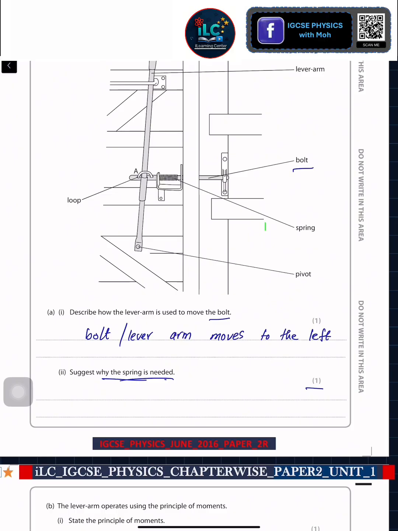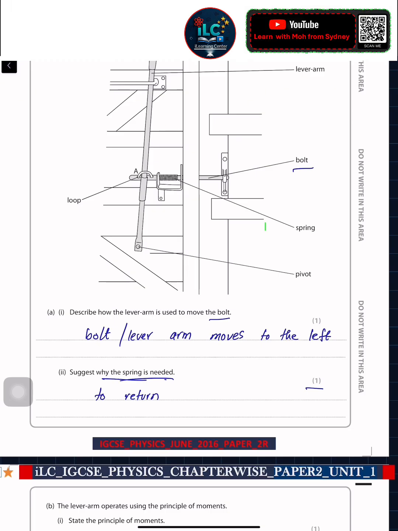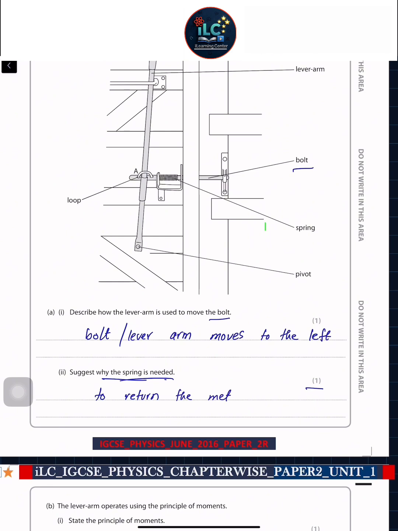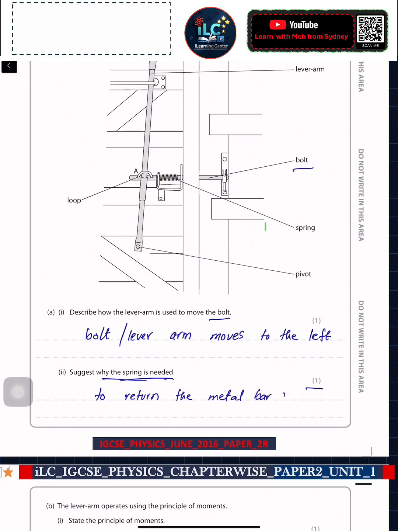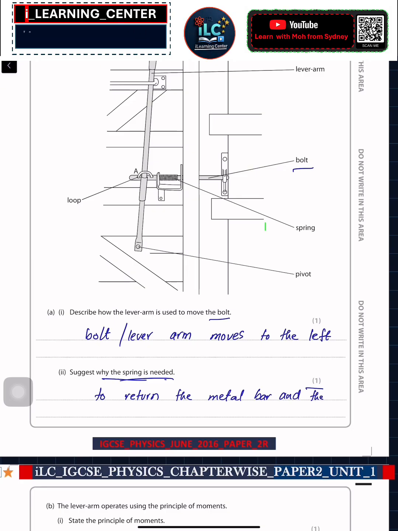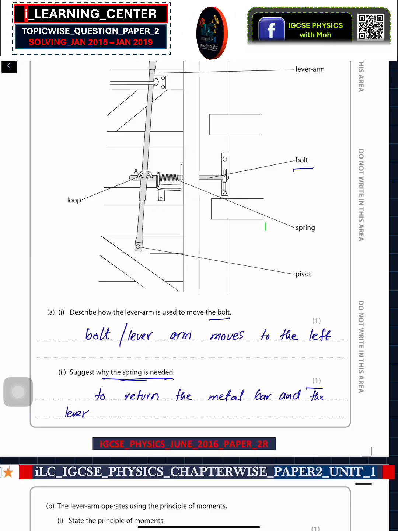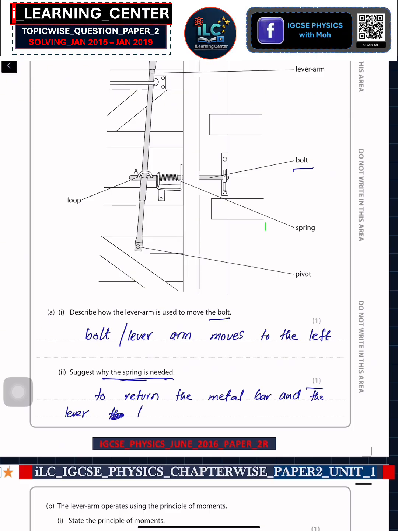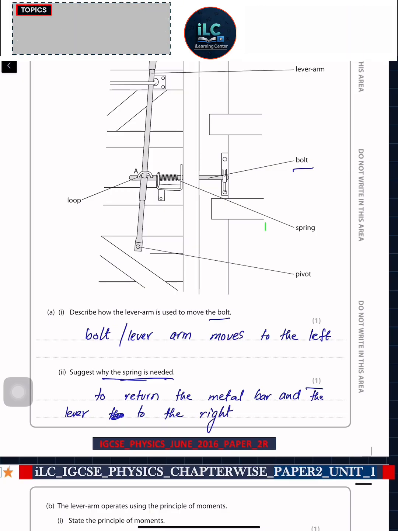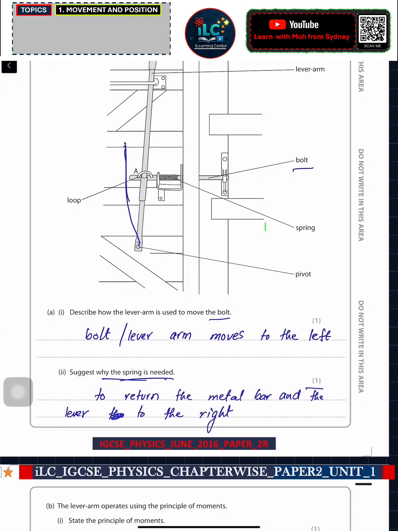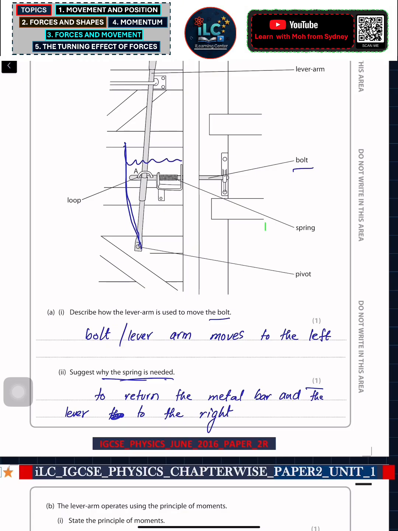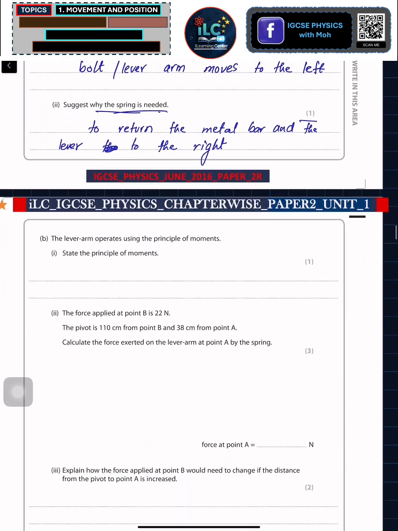We'll just say to return the metal bar and the lever to the right. So what happened? You pulled it, this went like this, but you don't want this to stay here because you want to pull it back again when you need it. So we put a spring. This spring basically brings it back here.